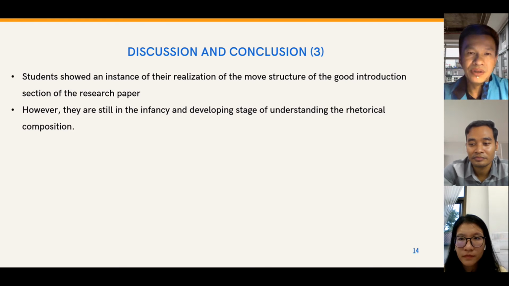So the students show a lot of effort in realizing the move structure for the good introduction part of the research paper.